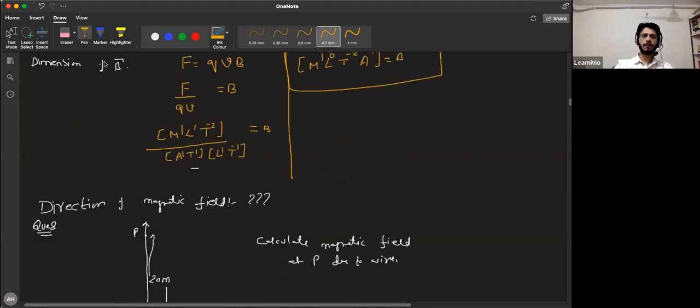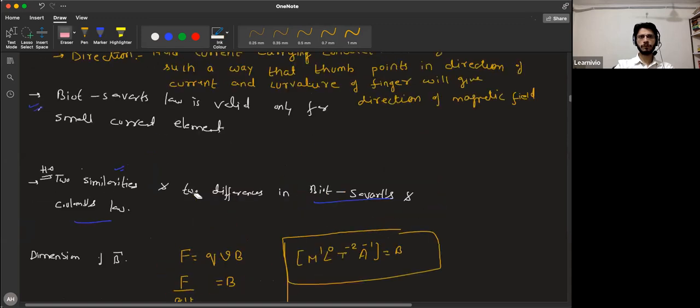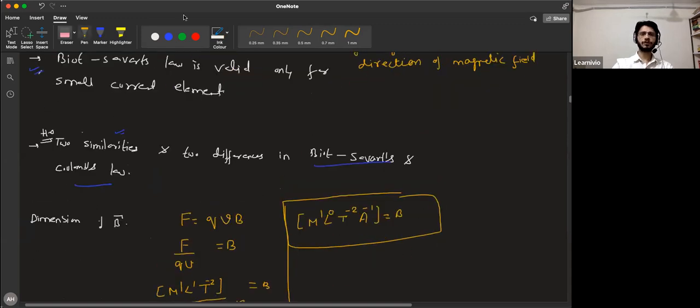The direction of magnetic field we have already discussed. Note it down. Then we'll start some numericals of Biot-Savart law.